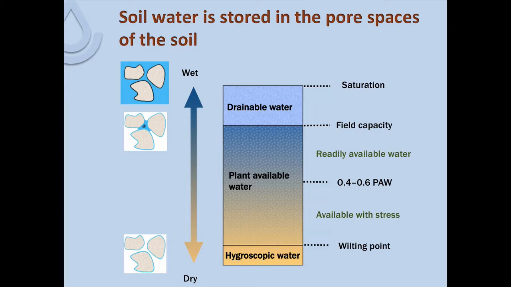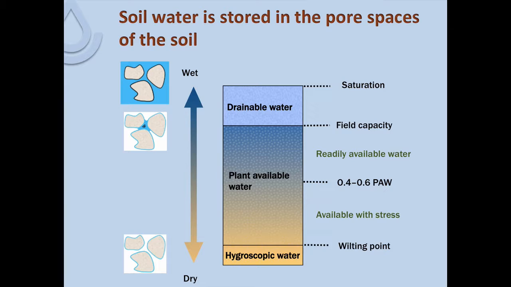The level of that split then is partly a function of plant type. Different plants are able to access water more easily than others, and then it's also somewhat a function of crop growth stage. But more or less about halfway between field capacity and wilting point is that level where we consider the difference between the water that's readily available or water that's available with some stress.